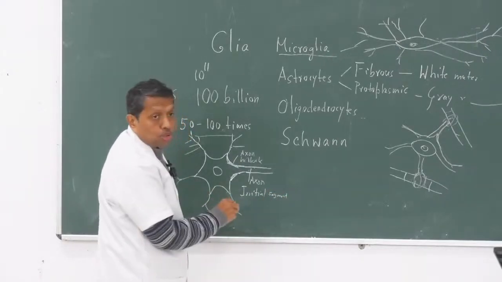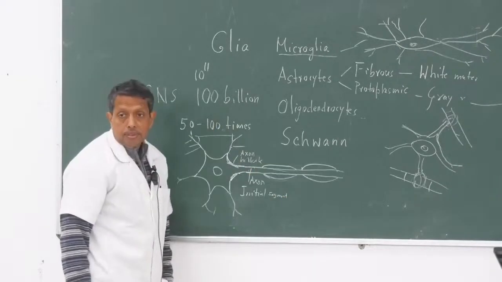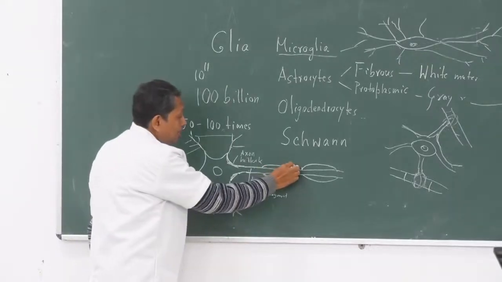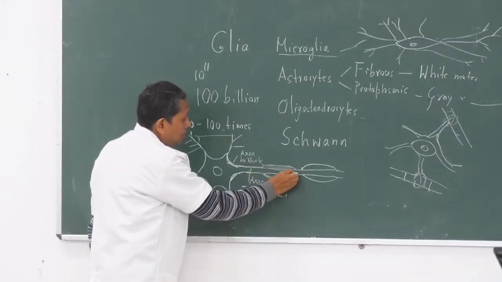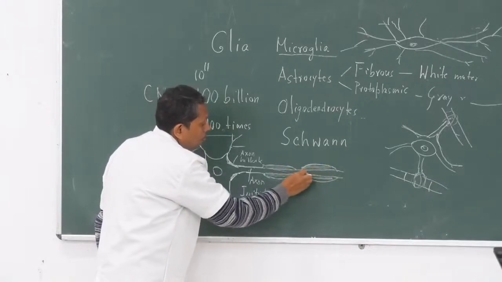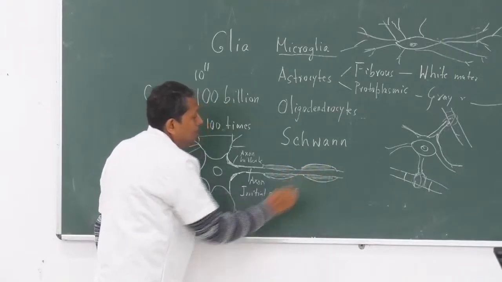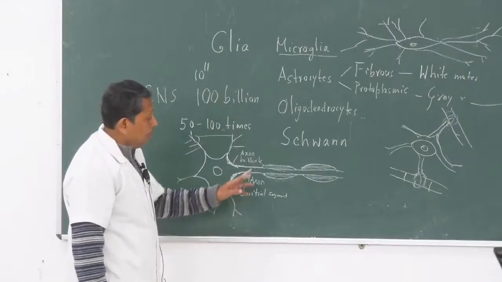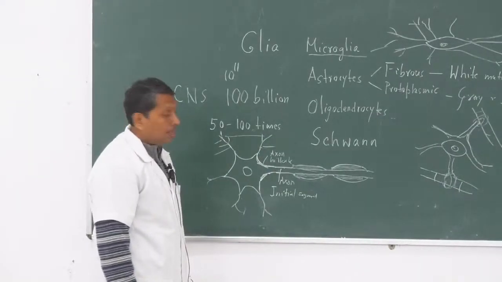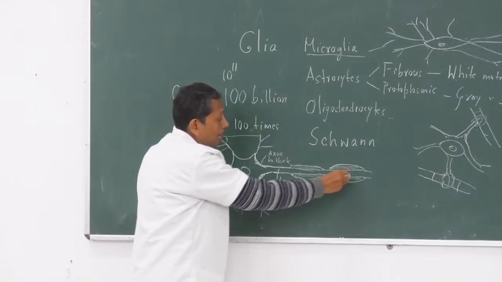And then myelination starts. It is not drawn to scale. This is the myelin sheath, produced by the Schwann cell through rotation of the membrane. And these are the nodes of Ranvier.